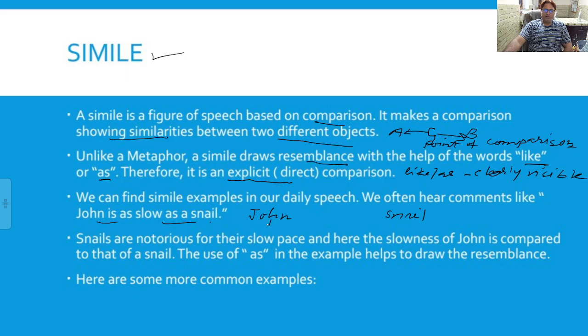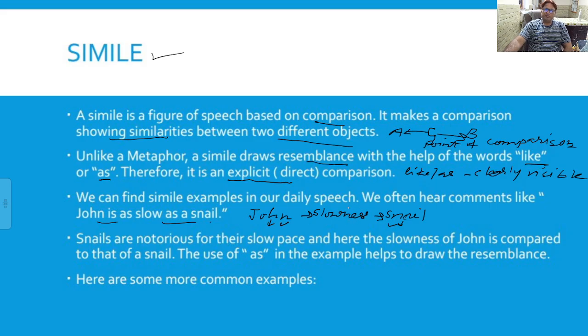One is a human being, another is an animal, right? But still there is one similarity between them which is shared equally, and the similarity is slowness. This is the similar element between them, shared by both John as well as the snail.